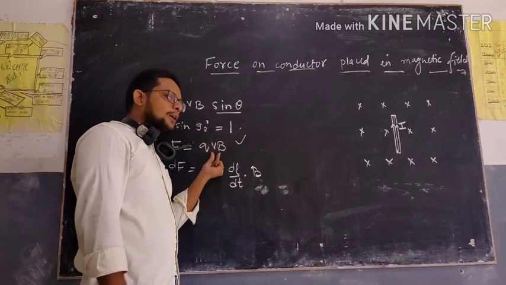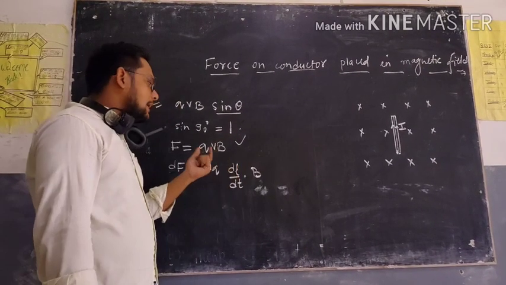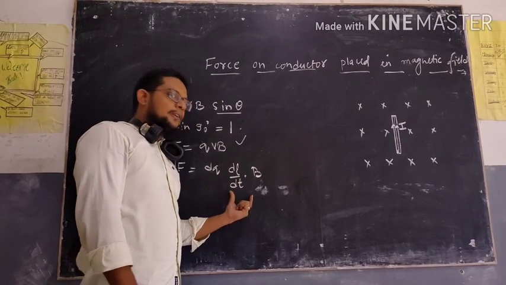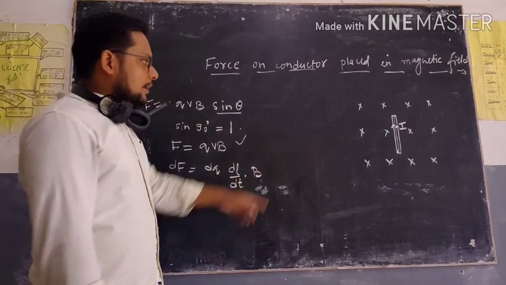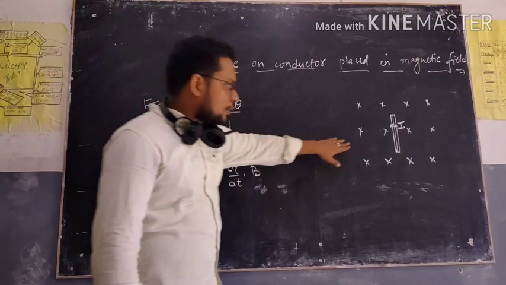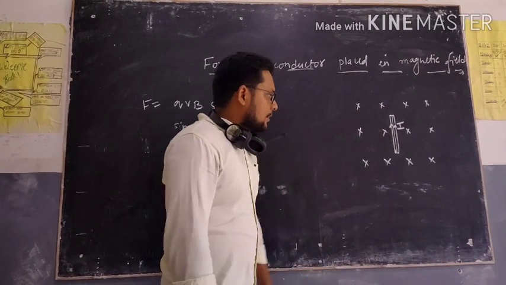In place of velocity, we can write it as distance traveled per unit time, and magnetic field will remain same. See here, students, the direction of magnetic field is inwards.